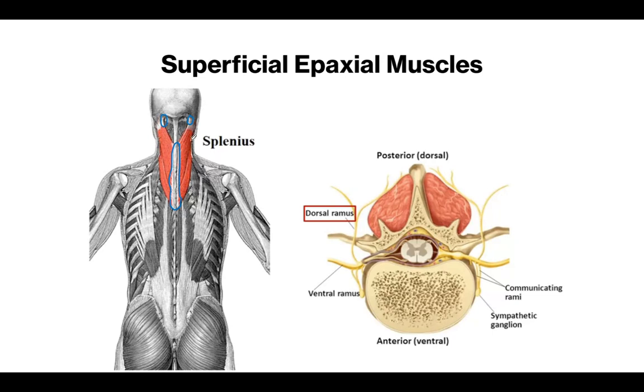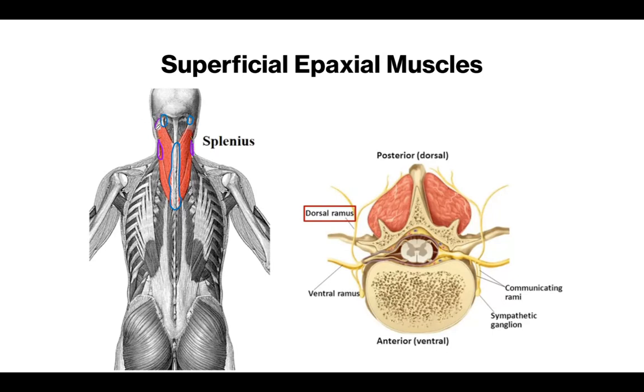So this would be one insertion kind of down here and along the other side as well. And then the mastoid process as well as the occipital bone. So the remaining portion of the splenius that you can see attaching to the occipital bone, and then how it kind of swoops laterally to connect behind where our ear is, we know that that's the mastoid process of the temporal bone. So that's where the other insertion would be.